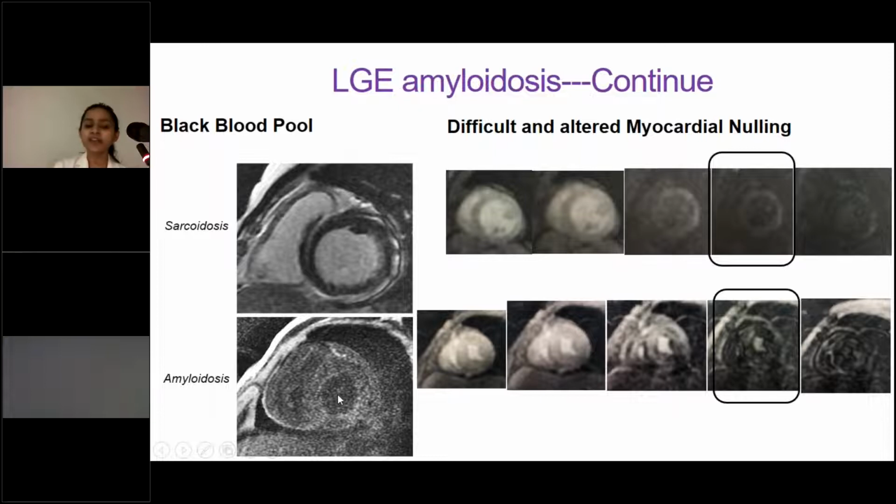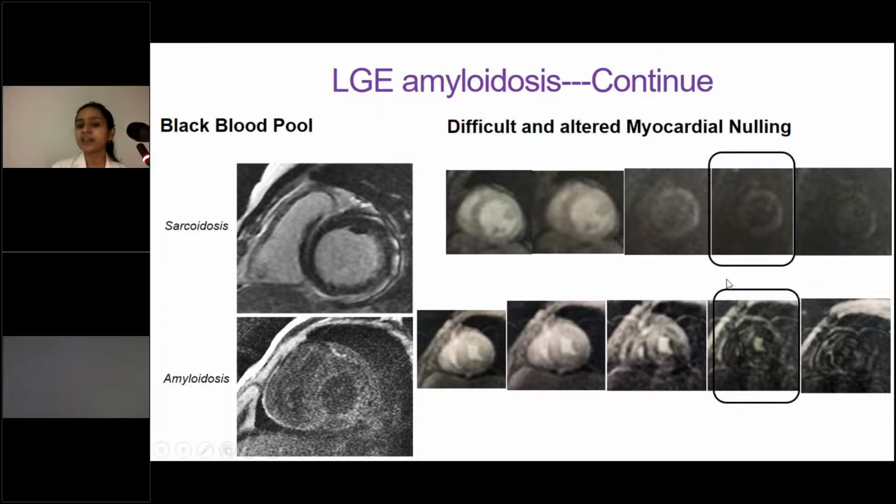But in case of cardiac amyloidosis, what happens is that because the amyloid has a very strong affinity for gadolinium, all the gadolinium is pulled out of the blood pool, and therefore the blood becomes black, and the myocardium appears enhancing depending upon the amyloid burden. And therefore the global subendocardial pattern of enhancement along with black blood pool is a very important characteristic of cardiac amyloidosis.